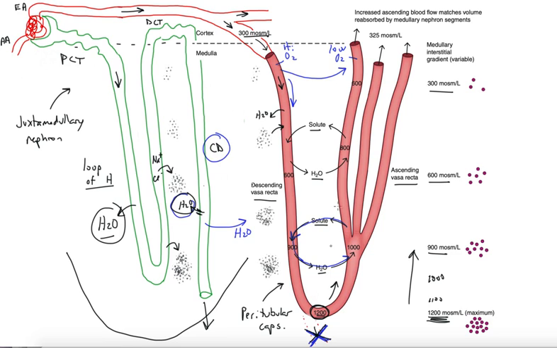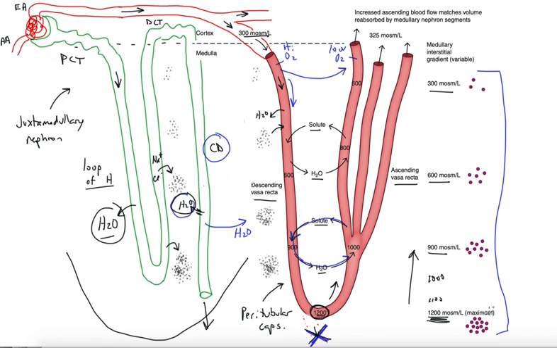And the vasa recta are providing oxygen and nutrients and picking up everything that these deep nephron segments are reabsorbing, but they need to do it without screwing up the corticomedullary solute gradient over here. And to do so, they're arranged in this countercurrent fashion. It's called a countercurrent exchanger because it's passive, which allows it to sort of pick things up and put them back down and leave them right where they are.